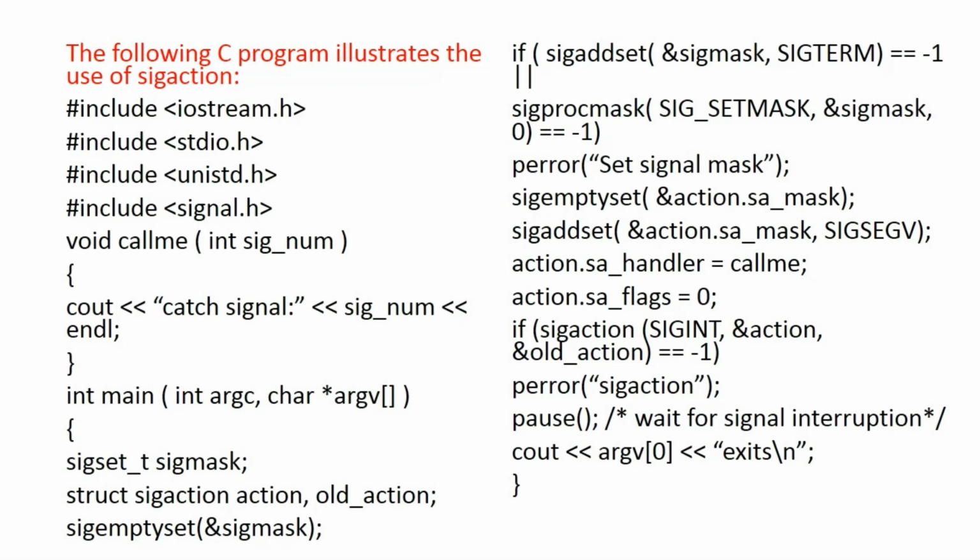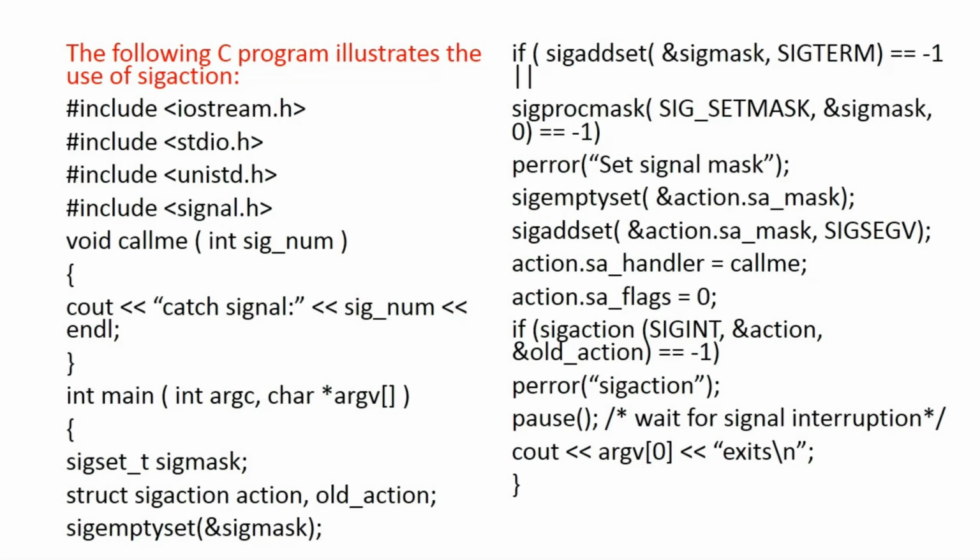So after that, you are printing a message, which is stored in the argument of 0. This is the way to call a sigaction API to set a signal to a signal mask.